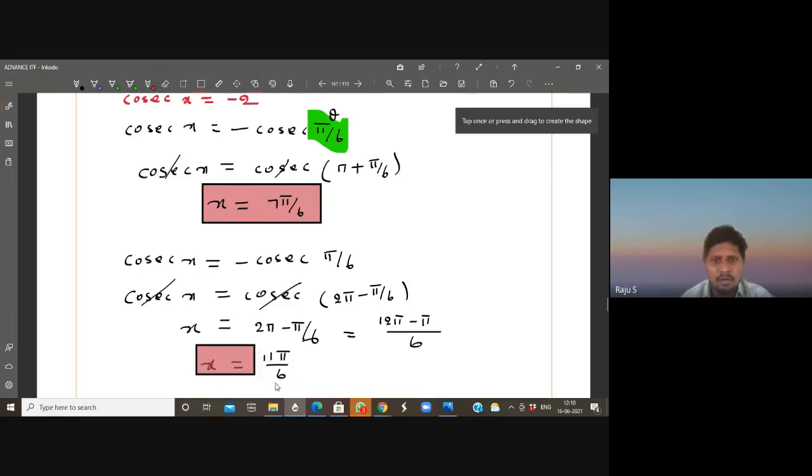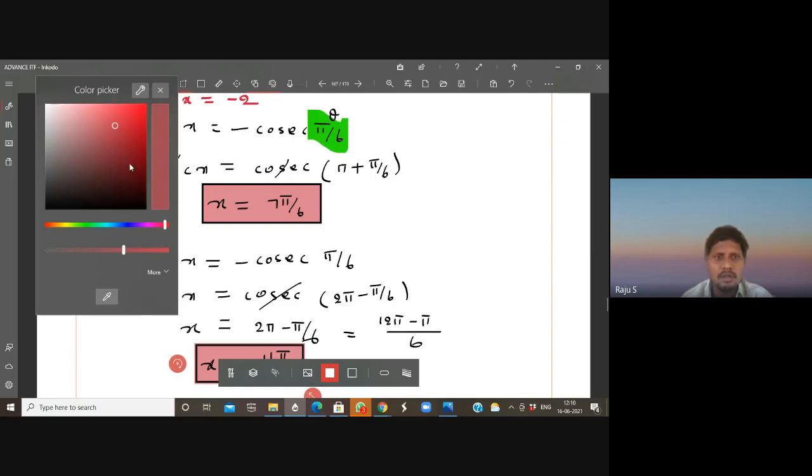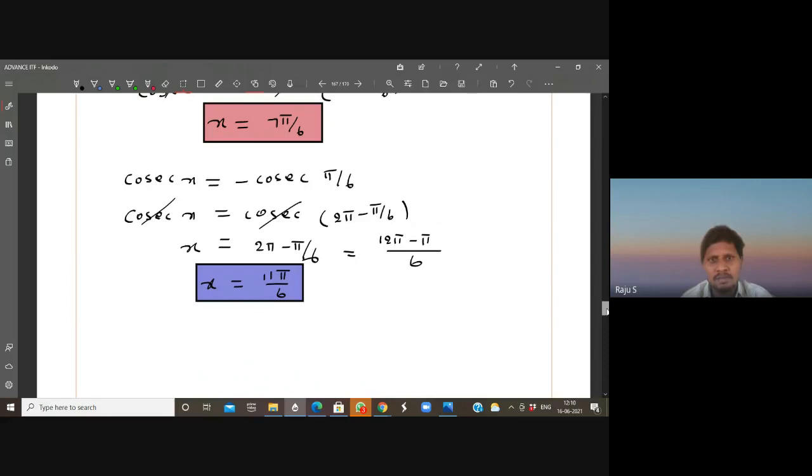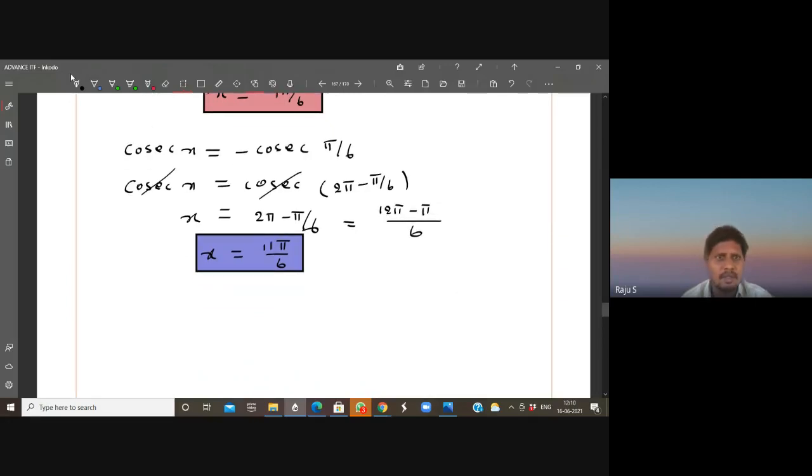So finally, what are the required principal solutions? These are the required principal solutions. x is equal to 7 pi by 6 and x is equal to 11 pi by 6.